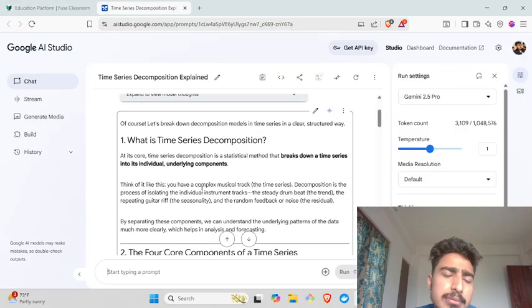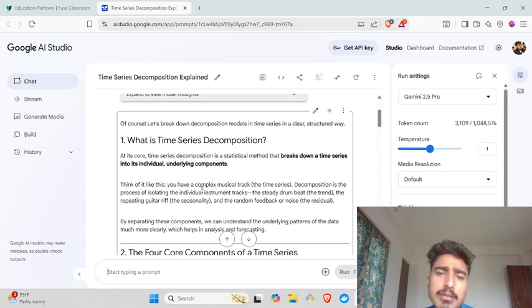What actually is time series decomposition? It is the decomposition of all the components of a time series. There are three time series components: trends, seasonality, and residuals. Residuals are the error, or noise, in the time series.